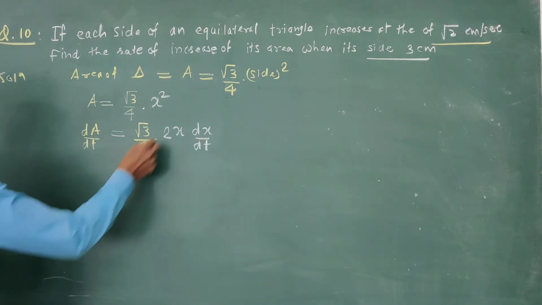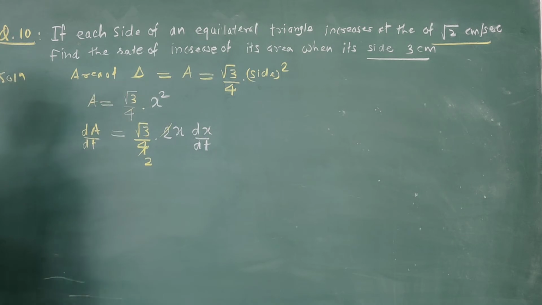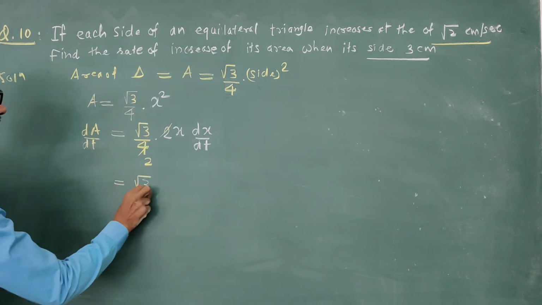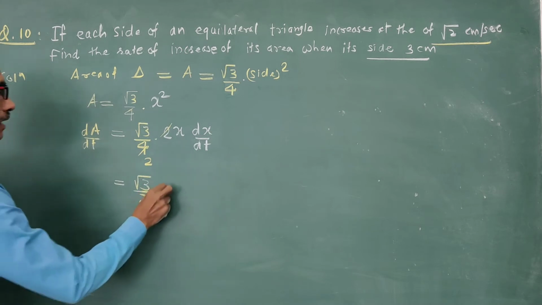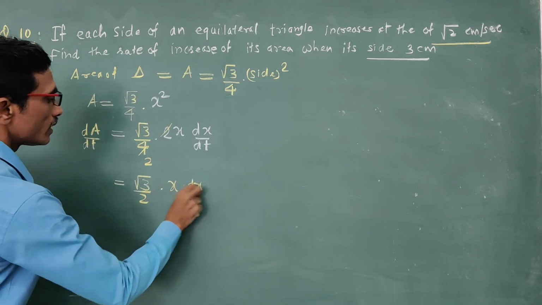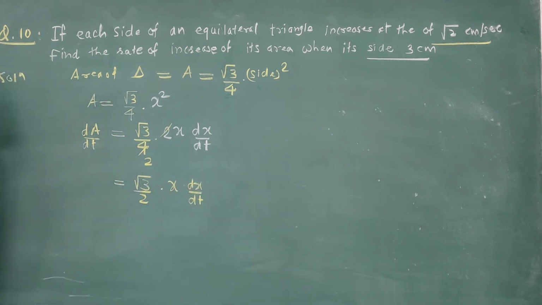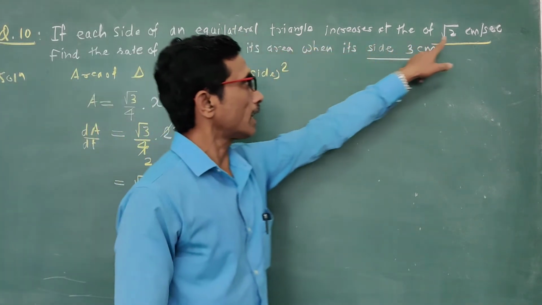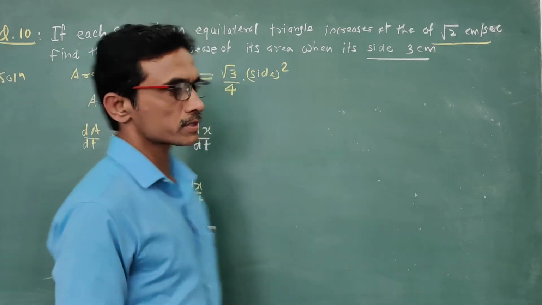Now this 2 is getting cancelled over here, so that will be equal to √3/2 into x into dx by dt. What is given here? Each side of an equilateral triangle is increasing at the rate of √2 centimeter per second.